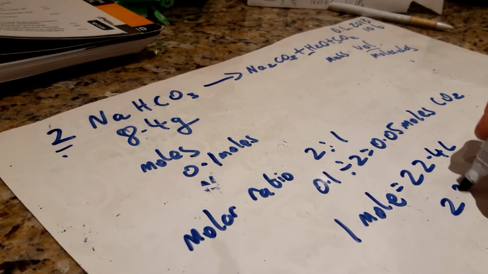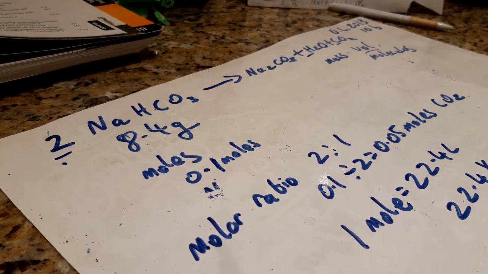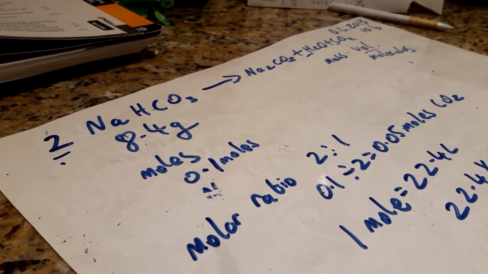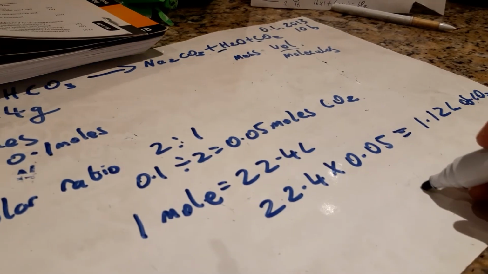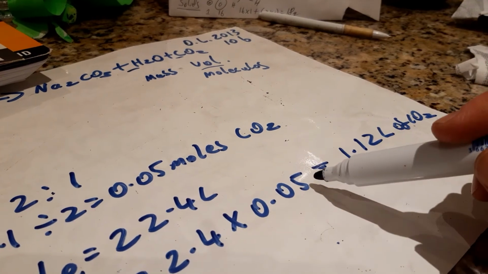So we multiply 22.4 by 0.05, and that gives us a volume of 1.12 litres of CO2 produced.